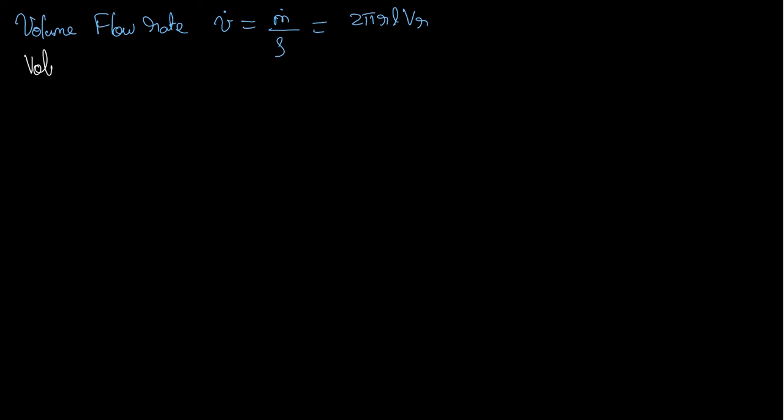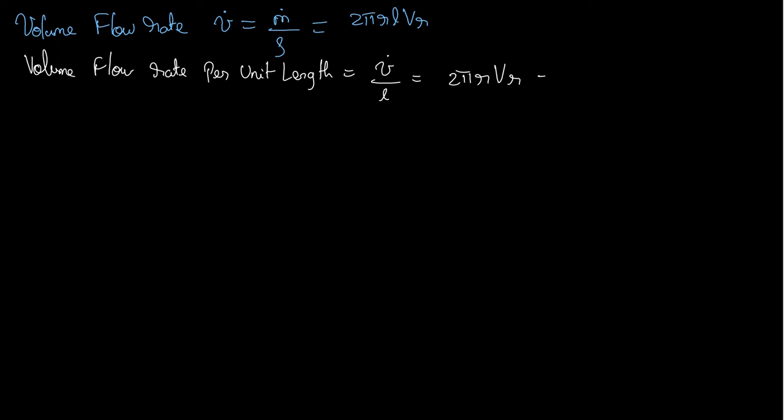It is just volume flow rate per unit length, given by V dot by L, and we get that to be 2 pi r times v r, and this we call capital lambda. So from here we can get v r to be lambda by 2 pi r, and from our previous empirical equation we can find c to be lambda by 2 pi, which is a constant.